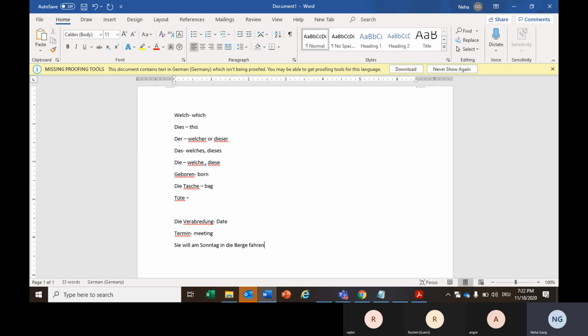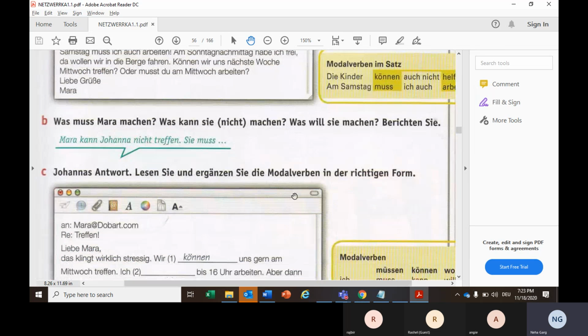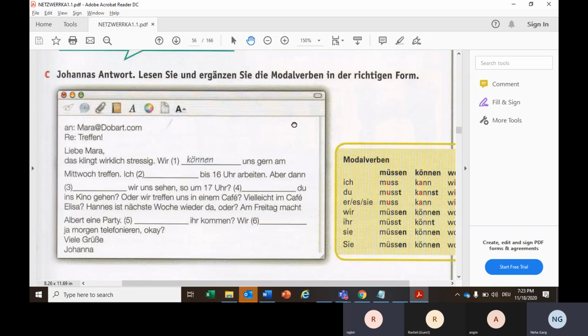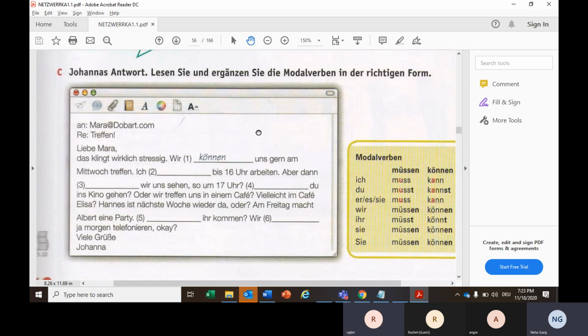Die Berge. So Rajbir, Angie, this can be the answer for the last question, was will sie machen, what she wants to do. Klar? We can also use Mara in place of sie. But in each sentence you cannot use the name, na? You will eventually have to use a pronoun. Yes, right.